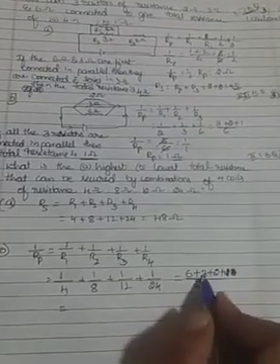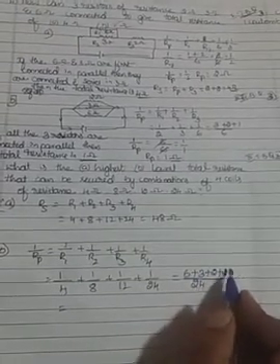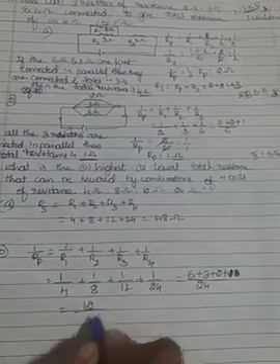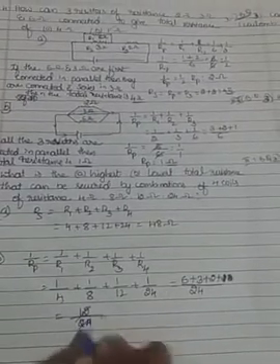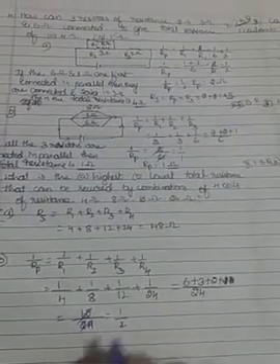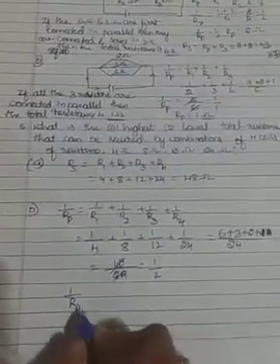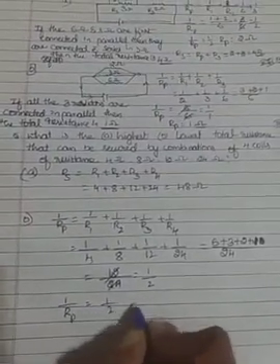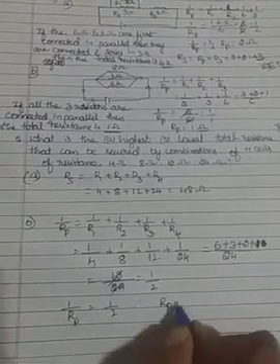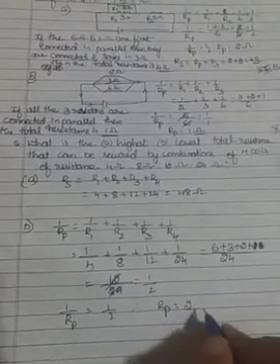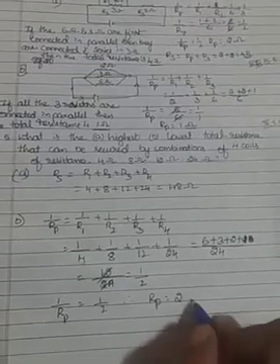So 6 plus 3 is 9, 9 plus 2 is 11, 11 plus 1 is 12, 12 divided by 24, 12 ones are 12, 12 twos are 24. So 1/Rp finally we got 1/2. Therefore Rp is its reciprocal, 2/1, nothing but 2 ohms.